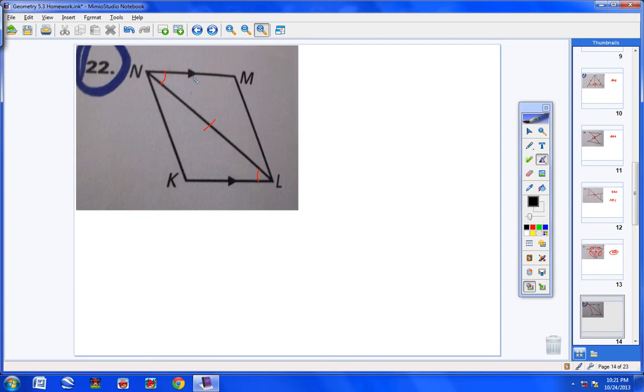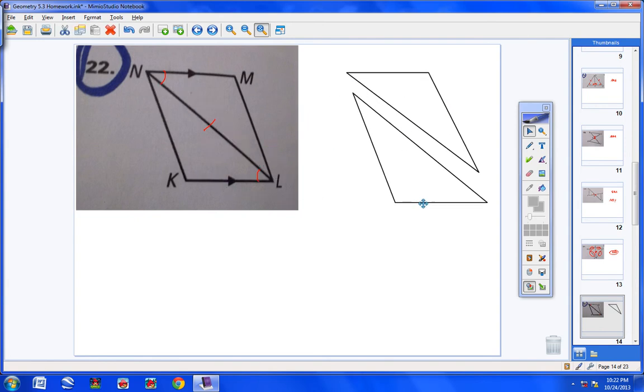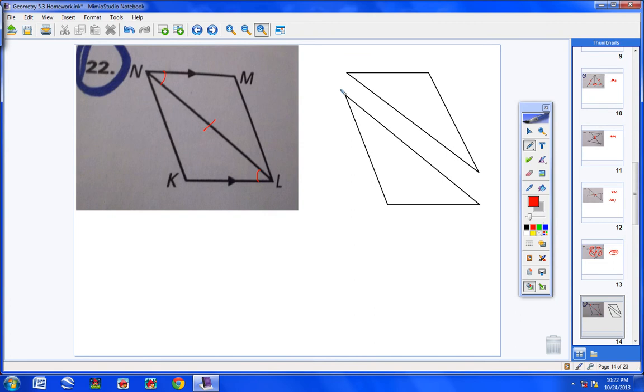And I hope I don't bore you too much, but to be honest with you, probably good for you guys to see this split up. So we have this angle here congruent to this angle here, and this side congruent to this side.